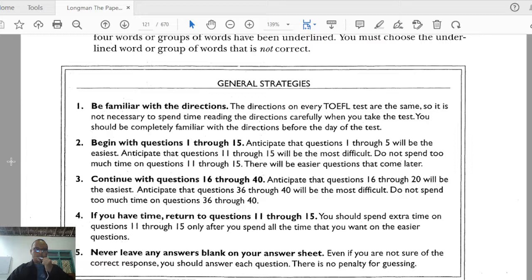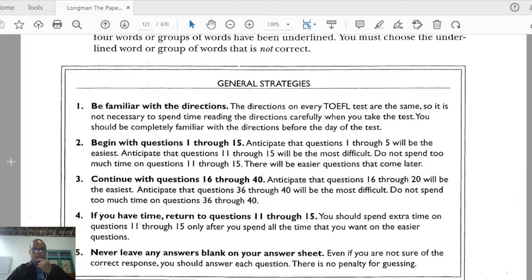Jadi kita memprediksikan bahwa pertanyaan antara 16 sampai 20 itu akan gampang ya. And anticipate that questions 36 to 40 will be the most difficult. Do not spend too much time on questions 36 through 40 ya.